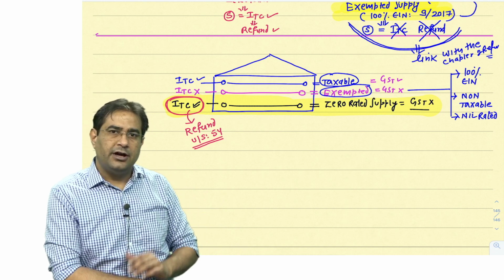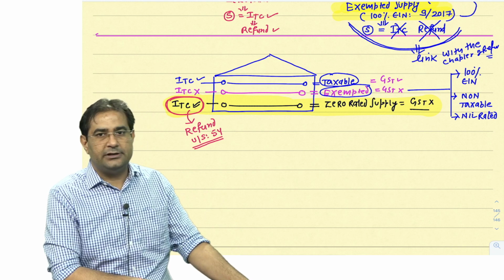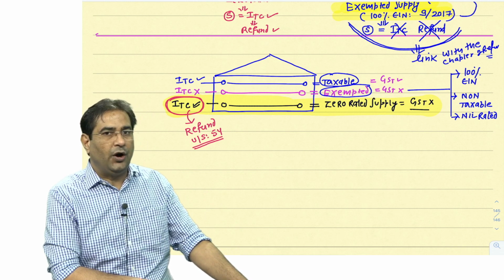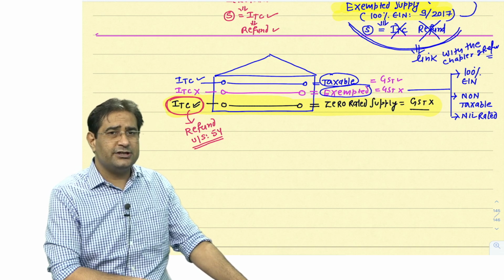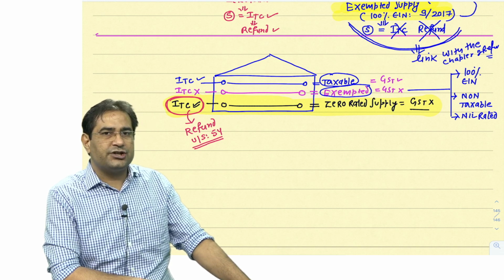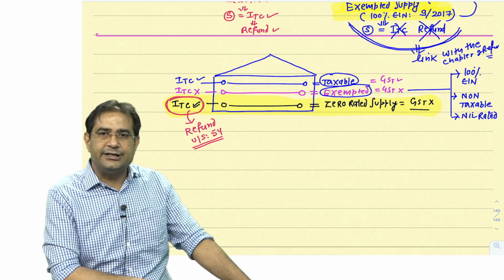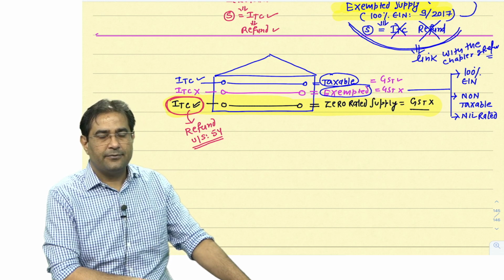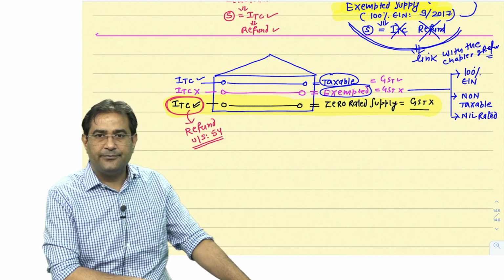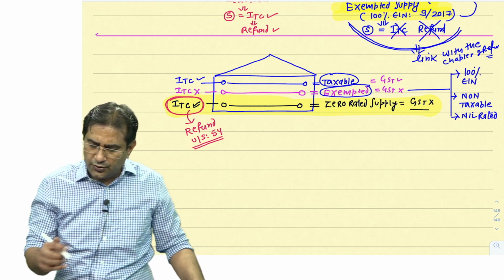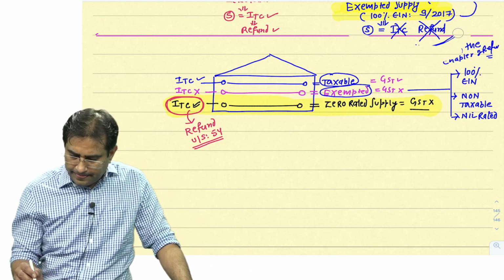If I make a supply of taxable goods or services abroad, it becomes zero rated. The question is, when we are engaged in exporting exempted supply, whether it can be considered as zero rated or not. So don't wait till the chapter of refund, I would like to answer here only.